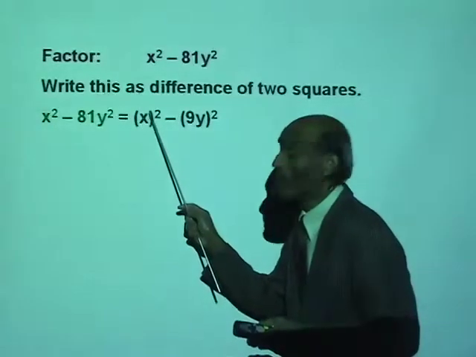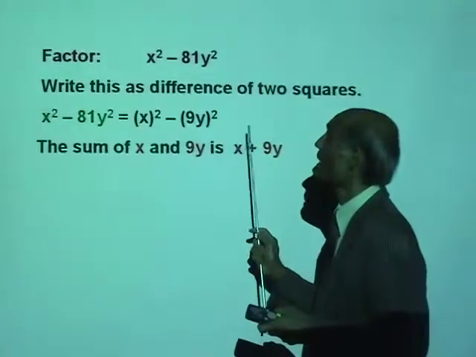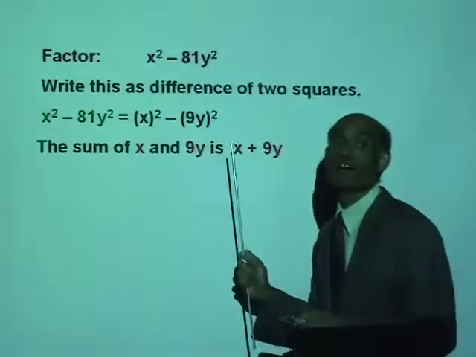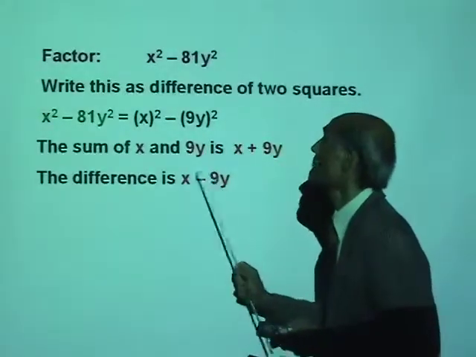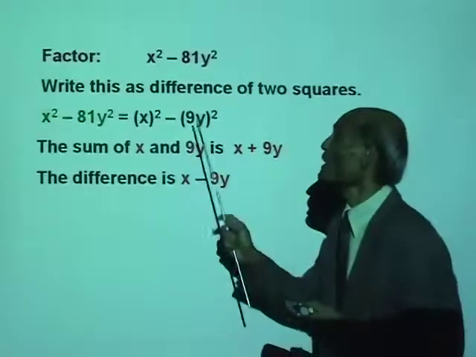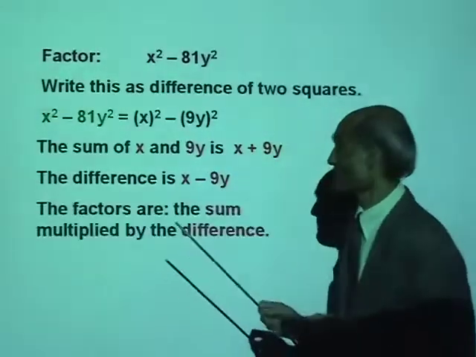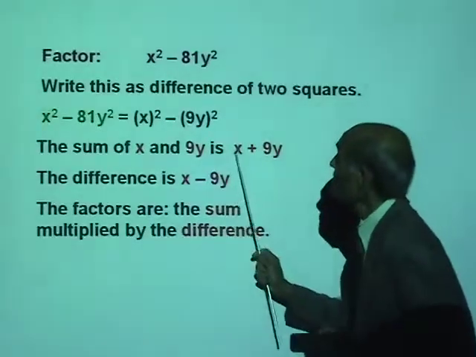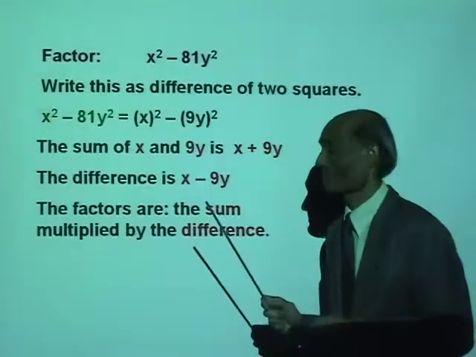Now, the sum of the two numbers will be x plus 9y. Is that right? And the difference of the two numbers will be x minus 9y. So what are the two factors of this difference of two squares? The two factors are the sum multiplied by the difference.